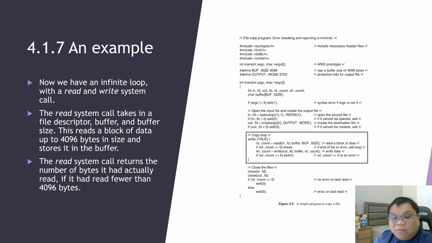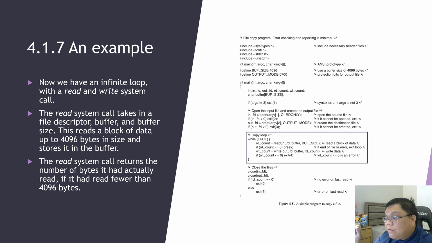So, we call read to read 4096 bytes from the file and store it in a buffer. Then, we take that stuff in the buffer and we write it to our output file. So, read count is the number of bytes that we read from the file.